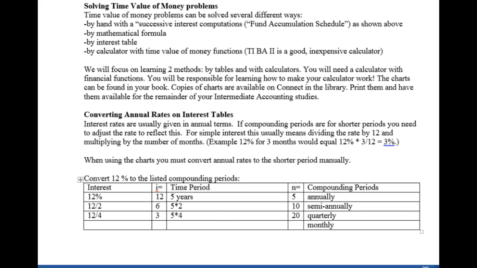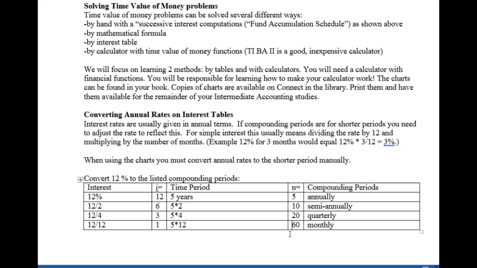So i is 3 and n is 20. Put this on pause for me, will you? And please do. A 12% interest rate compounded monthly would mean 1% per month, or i equals 1. And if you did it for 5 years monthly, you would end up doing n equals 60.